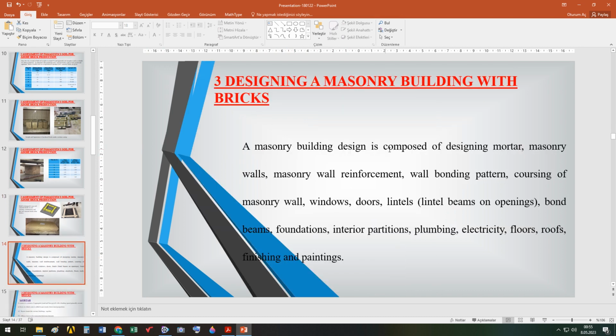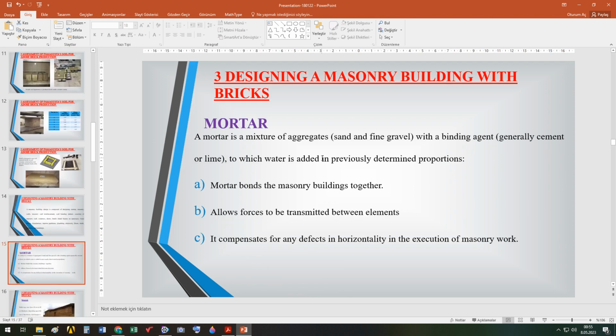A masonry building design is composed of designing mortar, masonry walls, masonry wall reinforcement, wall bonding pattern, and coursing of masonry wall. This is about the method of construction of masonry walls, windows, doors, lintels or lintel beams and openings, bond beams, which are made from concrete, foundations, interior partitions, plumbing, electricity, floors, roof, finishing and paintings.